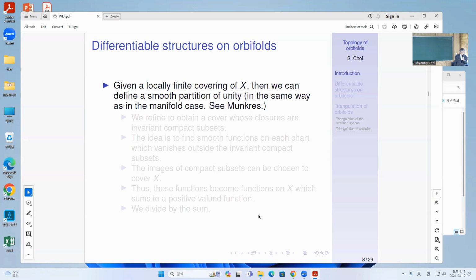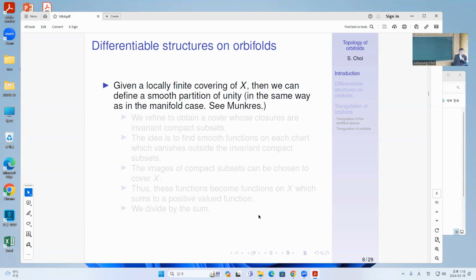So given a locally finite covering of X, we can define the smooth partition of unity in the same way as in the manifold case. Of course here I have to tell you what the smooth functions are. The smooth functions are the ones which lift to smooth functions on each model chart.